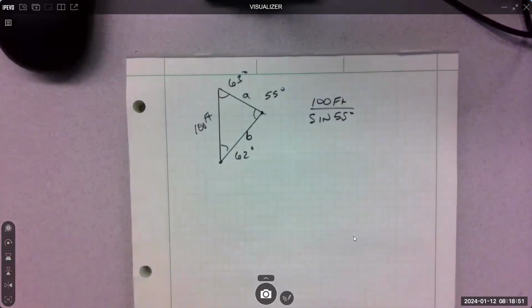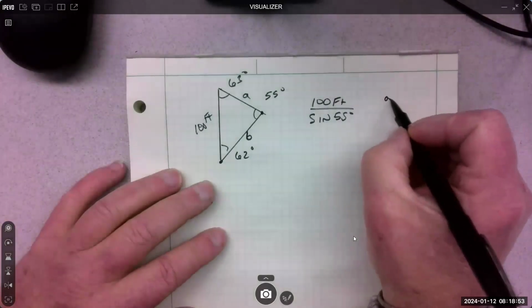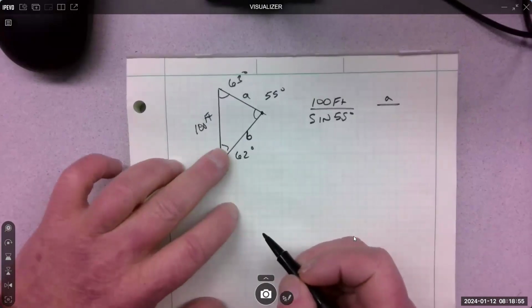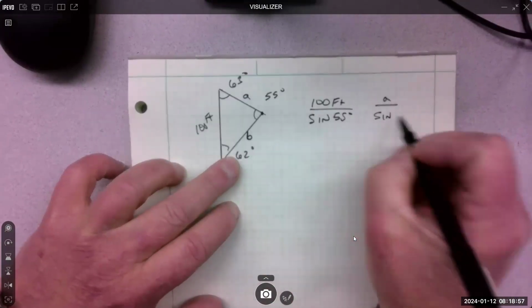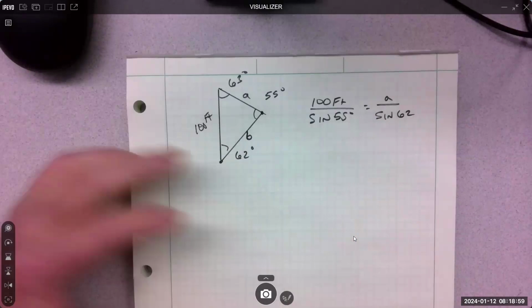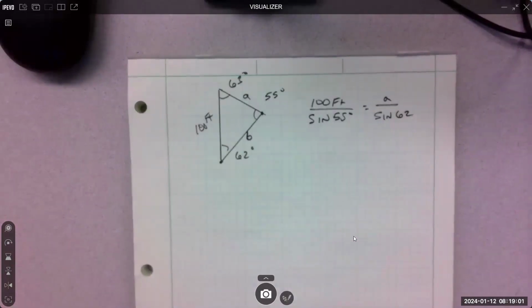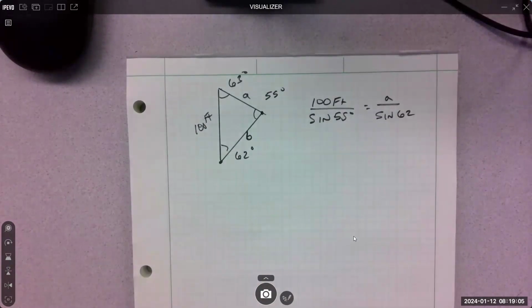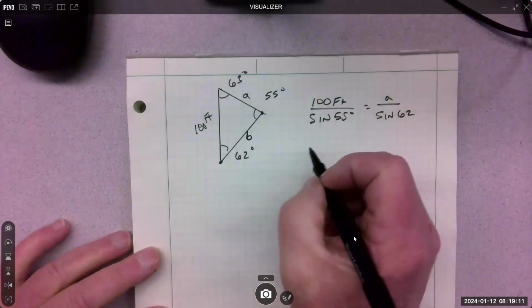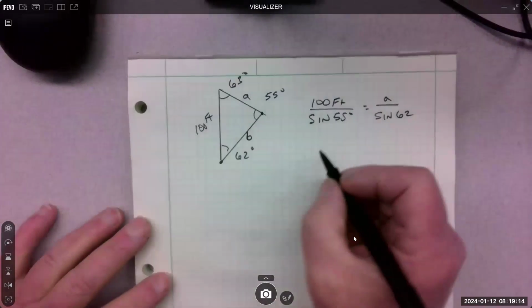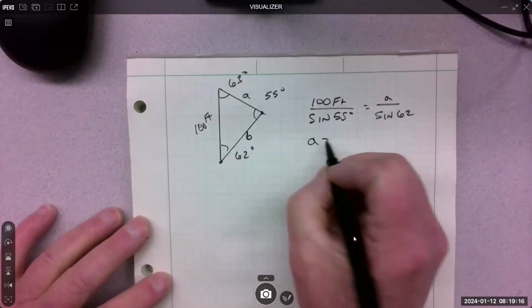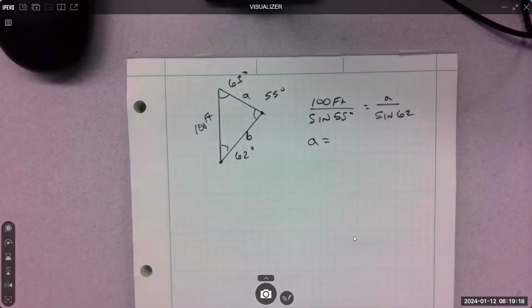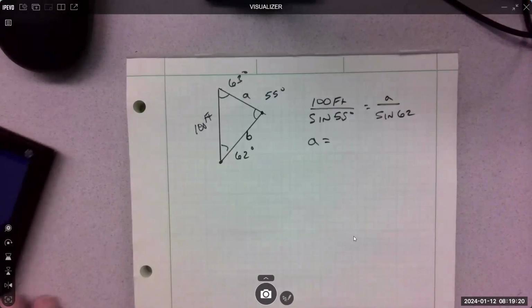And then we can go after either one. So I'll just put A up, and then the opposite is sine of 62. You may have labeled it differently. That's exactly what I did. Sweet. We're on the same page. All right, what'd we get for A? Now that we're somewhat tracking this correctly.